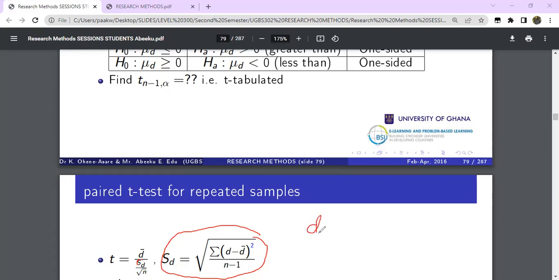And for you to get the D bar, it is the summation of Di, all over n. Di is your difference. I'll teach you how to find the difference too.